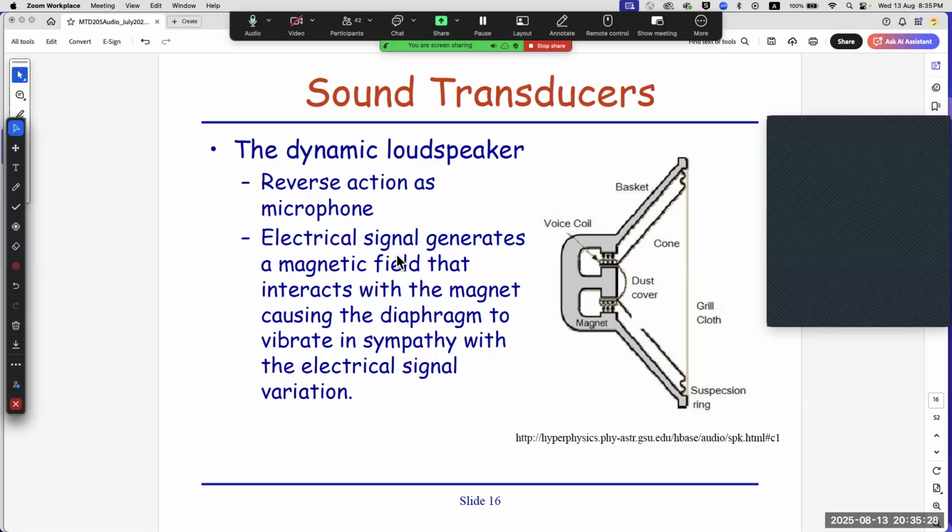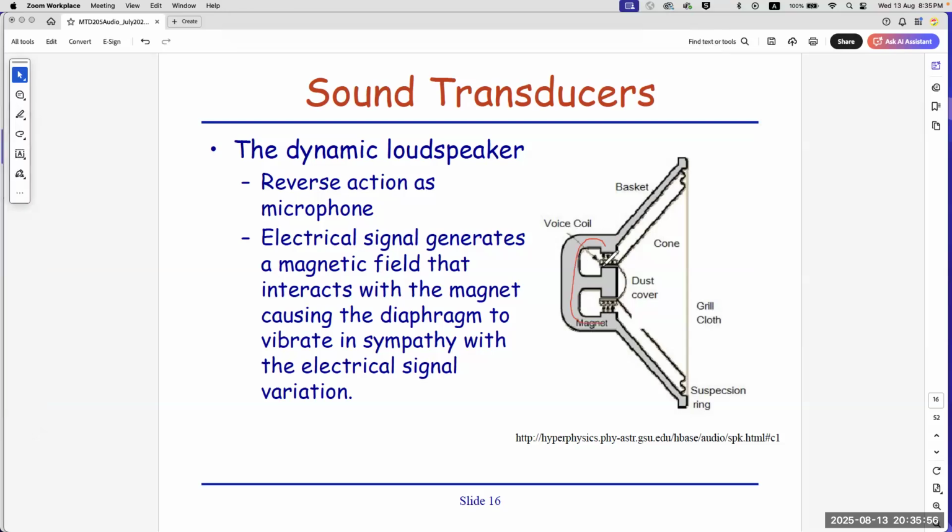It transforms the electrical signal into sound to be heard by humans. So it's a reverse action. You don't need to know how it works. You may have studied it in secondary school physics, but it's not important. You just need to know it's similar. You make use of electromagnetism. So similarly, you always have a magnet. Here is a magnet, then you use a wire.